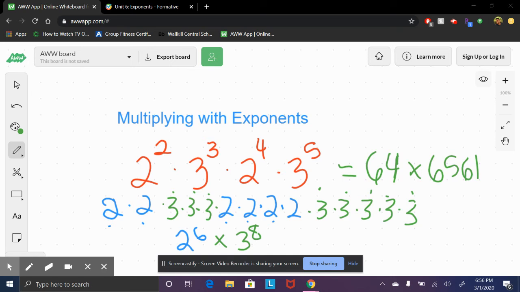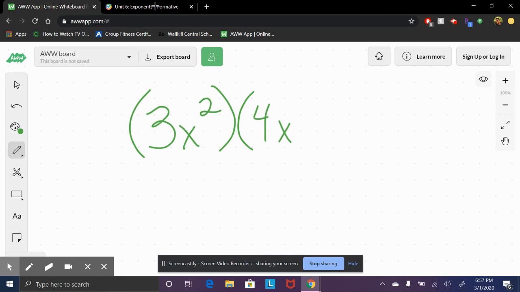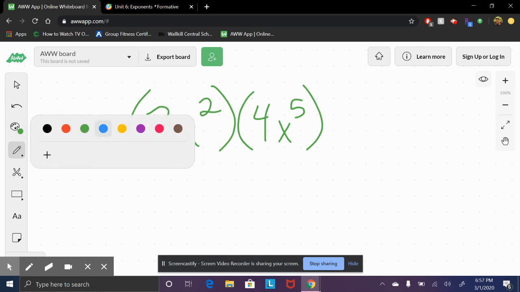So let's look at something else. Let's throw in some variables in here. 3x to the second times 4x to the fifth. So whenever you're multiplying two terms together, what you do is you multiply the exponents, or not the exponents, the coefficients, right?